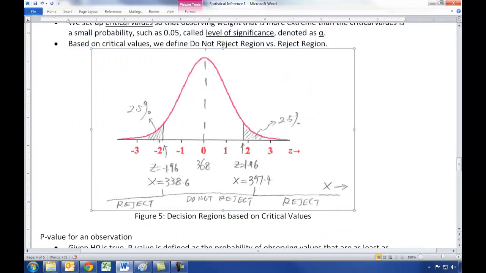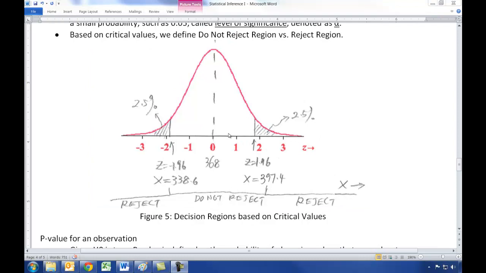Here, if the null hypothesis is true, namely mu equals 368, then the most extreme values coming from observation are those values that fall into the two tails of the distribution. So the 5% most extreme values are those that fall into these two shaded areas.